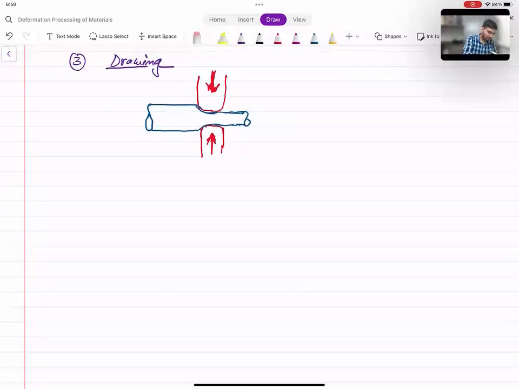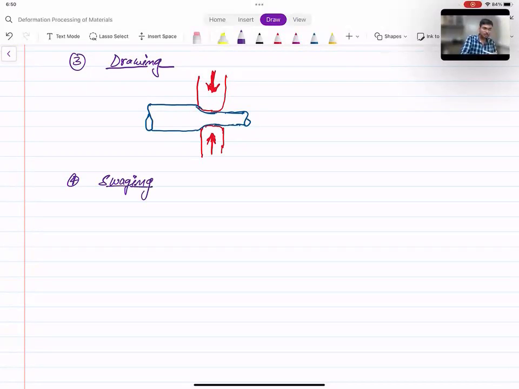So the next one is swaging. Now let us see the die setup for swaging. This is very similar to that of the edging dies, but in edging, the material is coming like this, and edging was to reduce the end only.